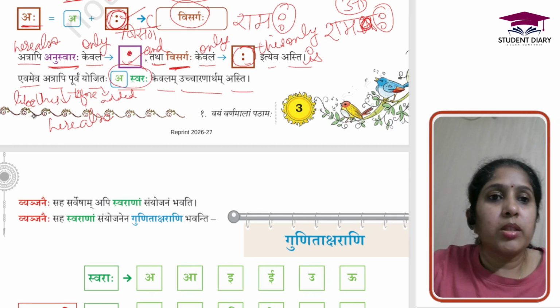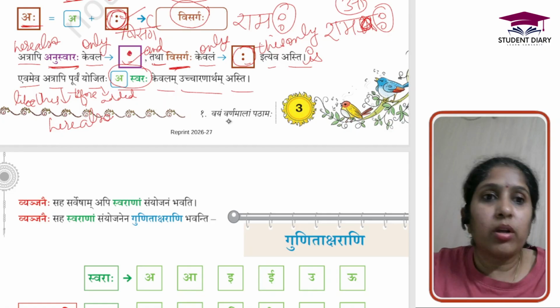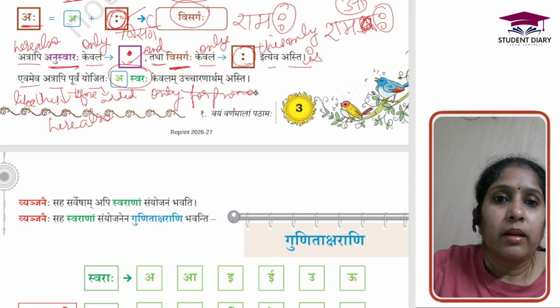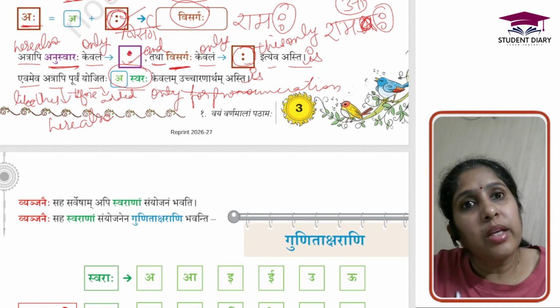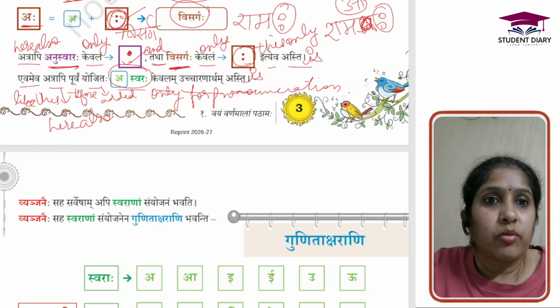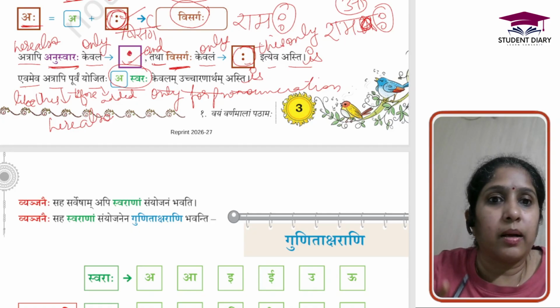So here also the A is added before the vyanjan. Kevala means only. Ucharnartham means for pronunciation, and asti means is. Here also this letter A which has been added is only for the help of pronunciation. Otherwise the anuswar is just the dot and the visarg is just the two dots, which are Aha.